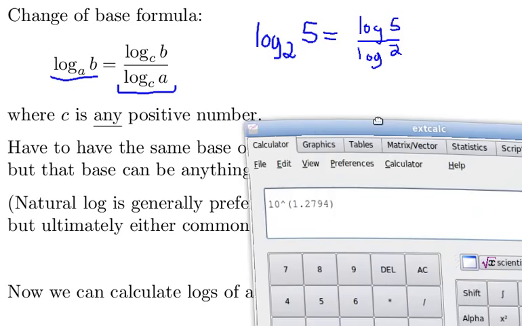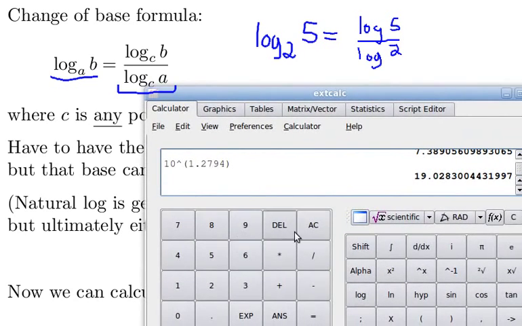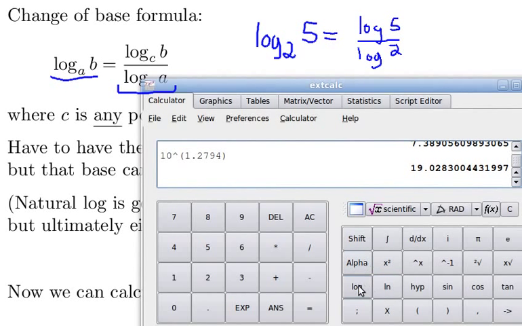So just to finish this up, let's go ahead and rewrite this. This is going to be log of 5 over log of 2, which equals 2.321 and so on.